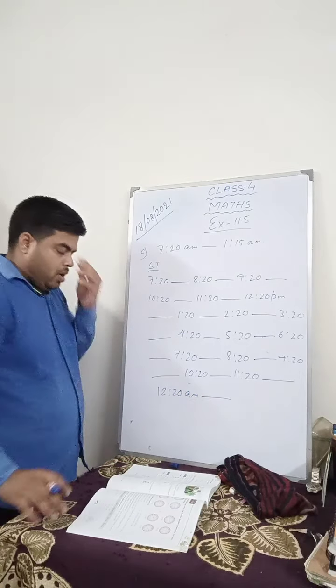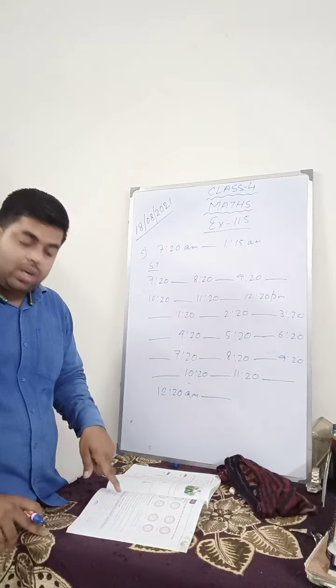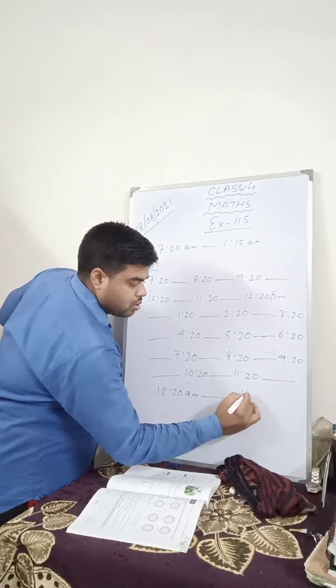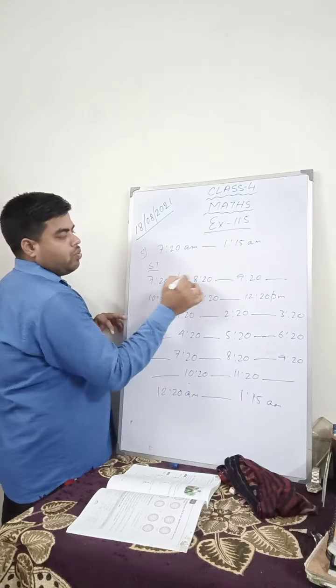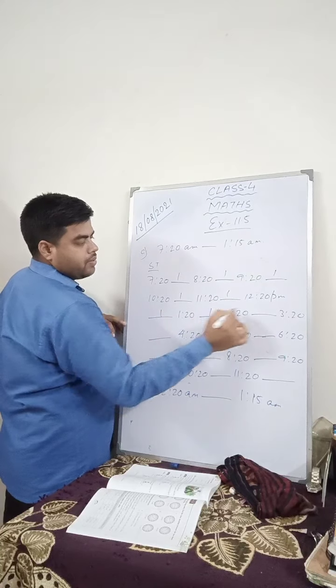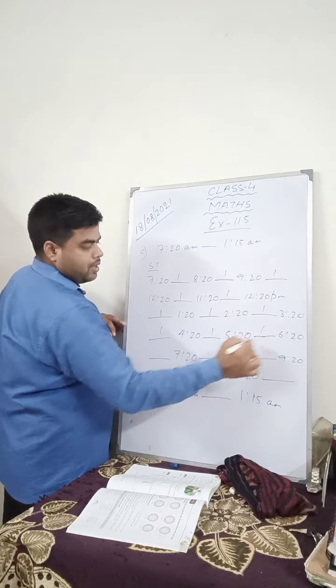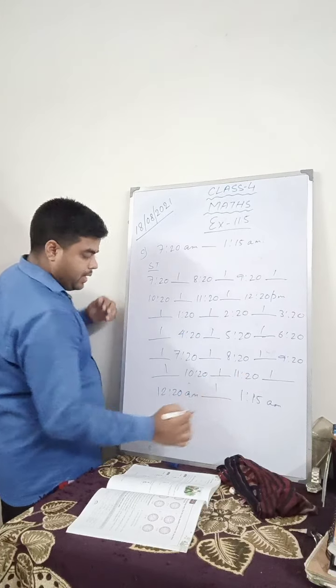After 12:20 AM, it will be 1:20, but they have not given you 1:20, they have given you 1:15 AM. So first let us see 1 hour, 2, 3, 4, 5, 6, 7, 8, 9, 10, 11, 12, 13, 14, 15, 16, 17, 18.